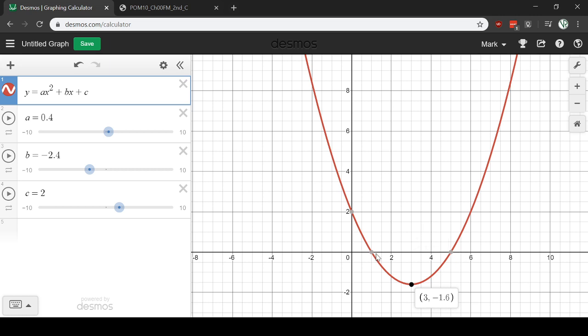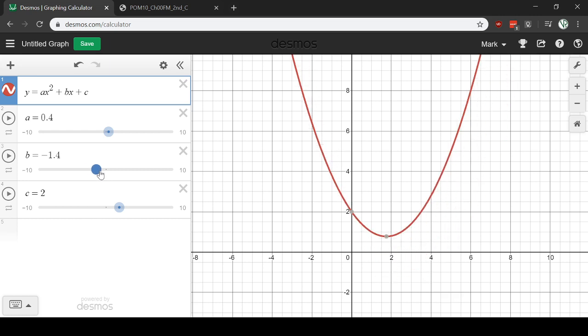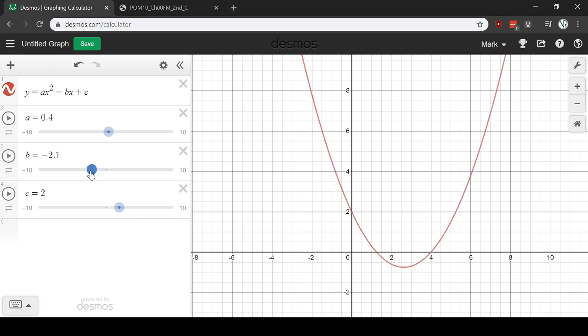We also have the x-intercepts. You can have 2 x-intercepts in the case of a parabola, or if we move this around here, we could have no x-intercepts like this one here, or you could have, and I'll try and get there, it's going to be tough.